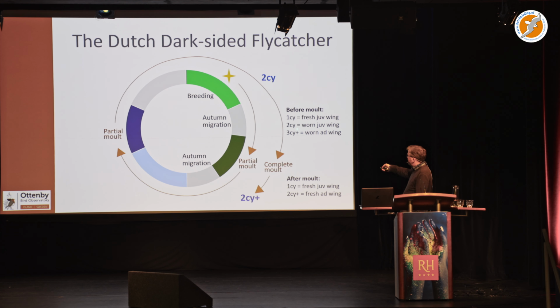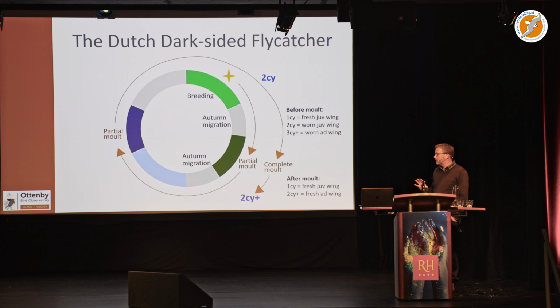And then we have the adult generation that is also quite worn by now, but it is of an adult type pattern to the wing. So before the molt, we actually have 3 different age categories to consider, and that's very unique.